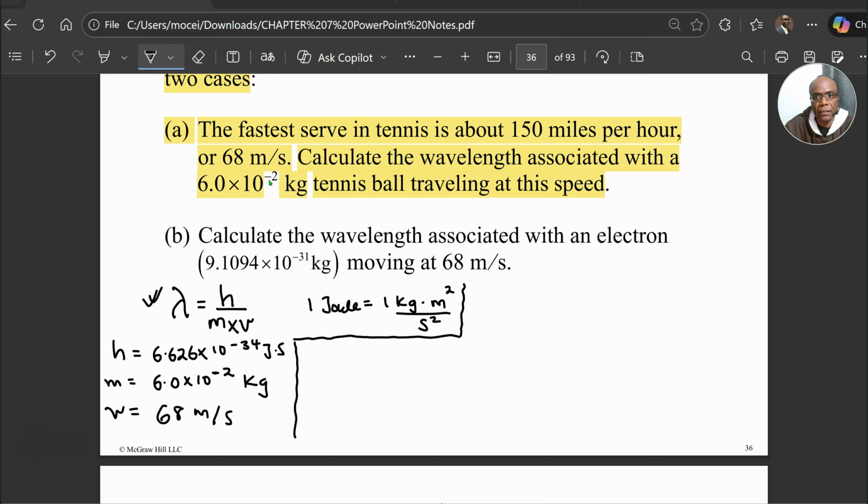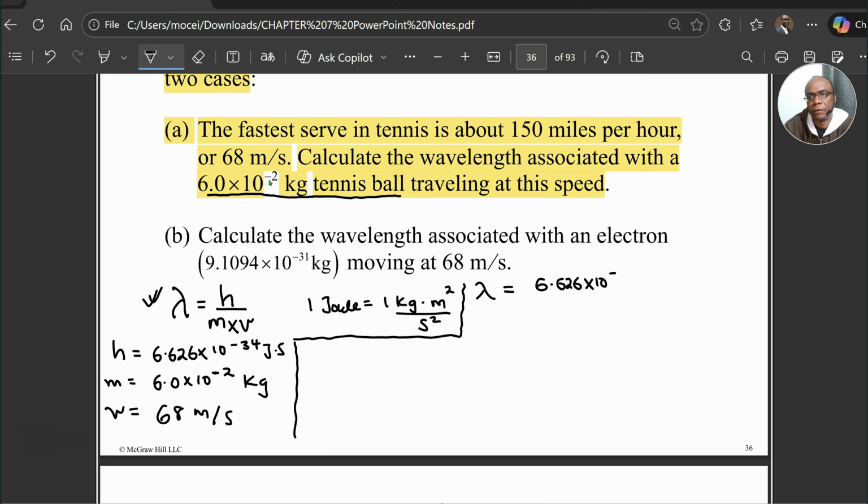So let's find the wavelength associated with 6 times 10 to the power minus 2 kilogram mass of a tennis ball. So the wavelength lambda is going to be equal to 6.626 times 10 to the power negative 34. And remember, this is joules seconds. That's the h value, Planck's constant.